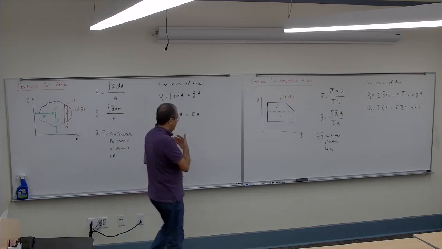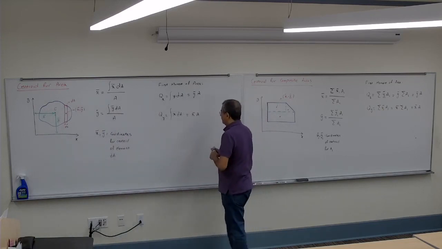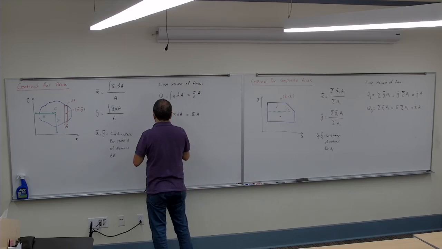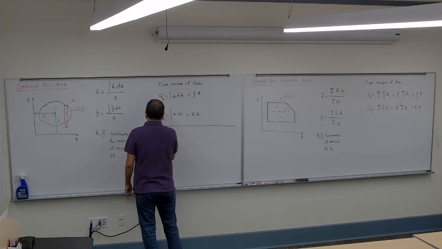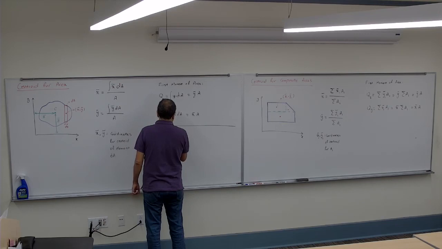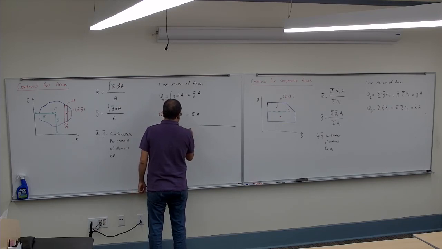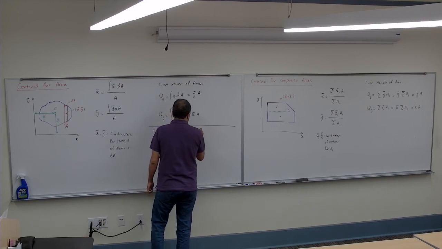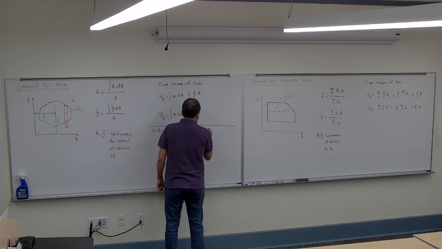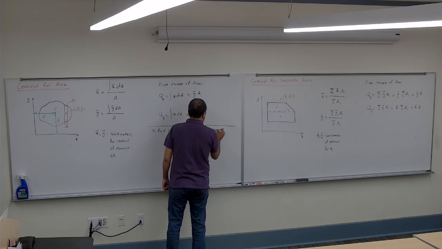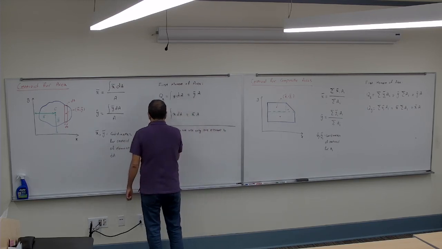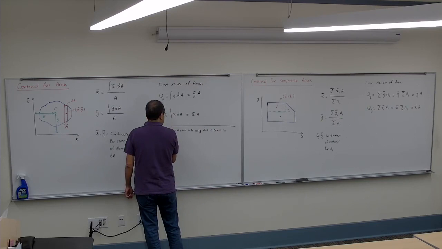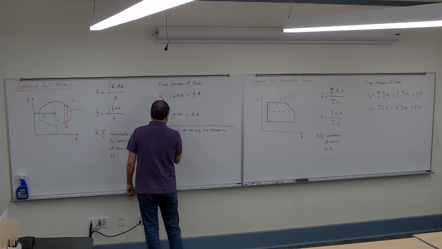For this one, we use one element to find the centroid, we use only one element to find both X bar and Y bar.